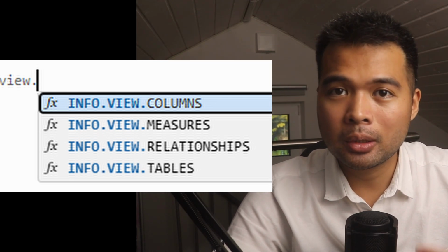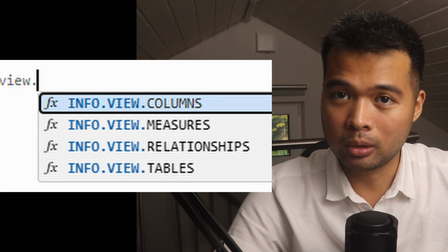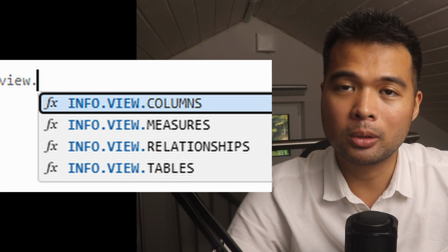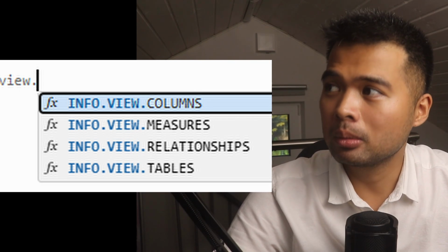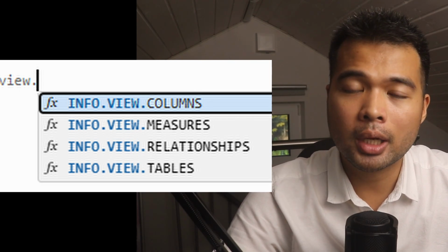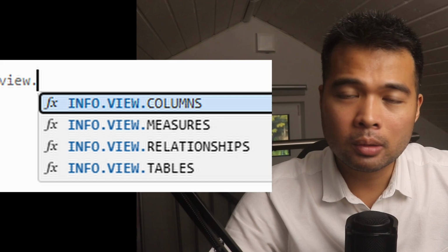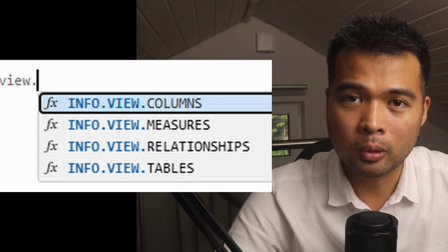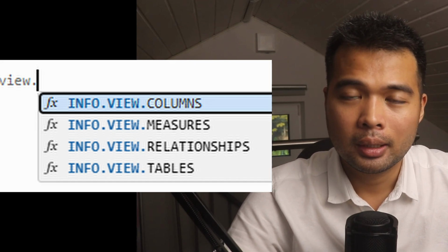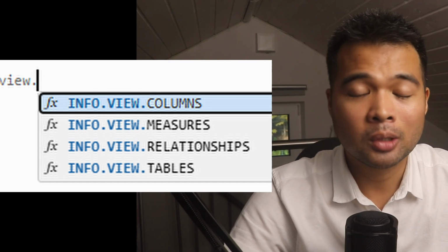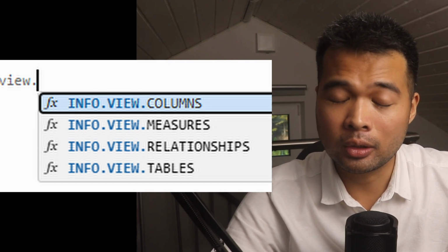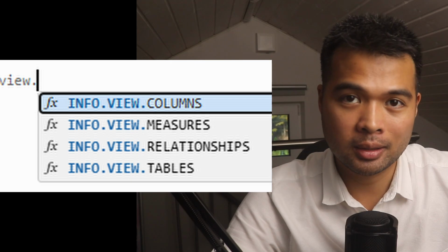As long as you're keeping your descriptions and your data models up to date, you should be able to have these automatically. At the moment, there are 4 functions. There's tables, measures, columns, and relationships, which is pretty much exactly what you would need for a data dictionary. So if you want to learn more about this, and I'm actually really excited myself, I'll cover this in a video in the future so that you can see how I would implement it step by step.